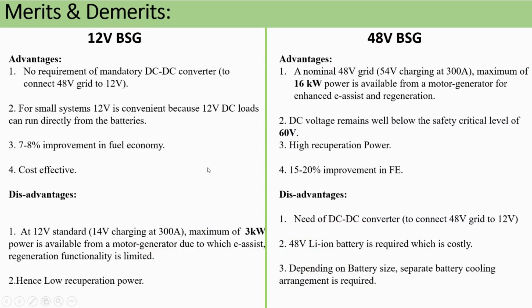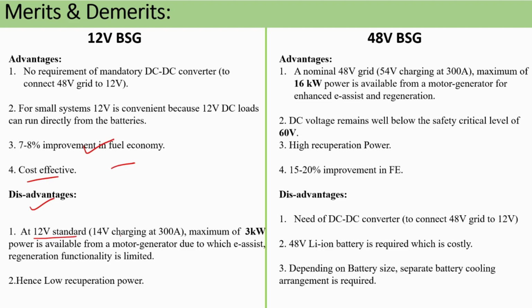So here, 12 volt BSG and 48 volt BSG. What are the advantages and what are the disadvantages of this? Advantage: no mandatory DC-DC converter required because you have 12 volt on the other side also. For a small system, 12 volt is convenient because the 12 volt DC load can run directly from the battery. 7 to 8% improvement in fuel economy, cost effective.